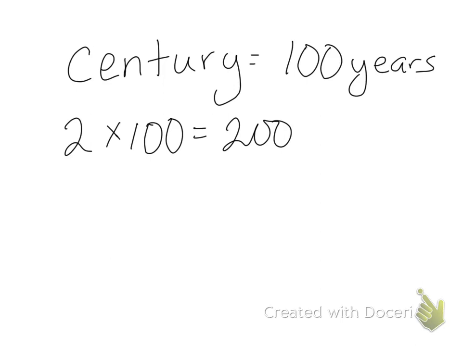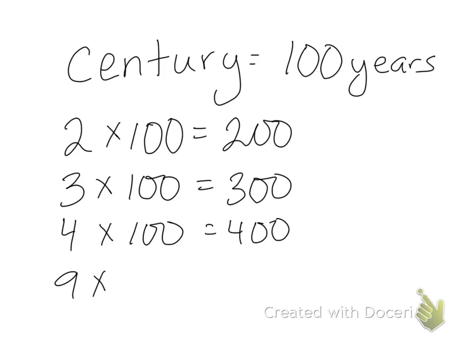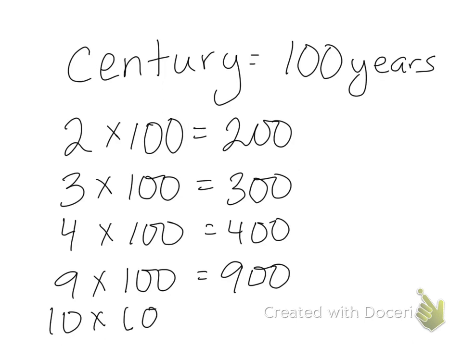If I have 3 centuries, that would be 3 groups of 100, which equals 300. 4 centuries would be 4 groups of 100, which equals 400. All the way up to 9 groups of 100 equals 900, and 10 groups of 100 equals 1,000.